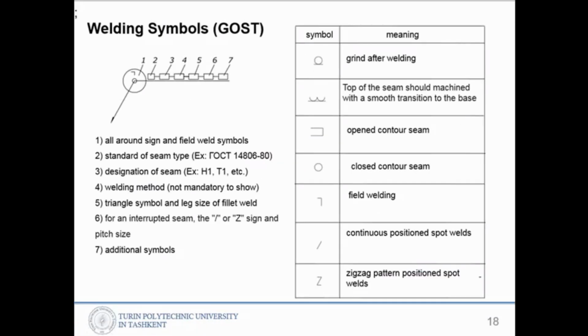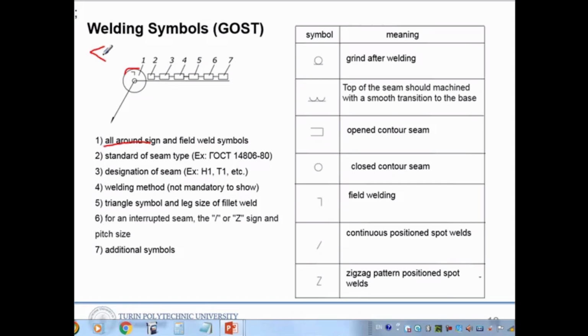Here the meanings of the symbols are shown. Similar to ISO, we have this big circle, which means the all around sign, and in ANSI we have this kind of flag.